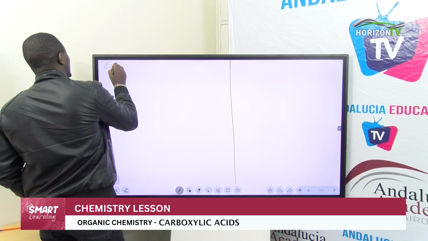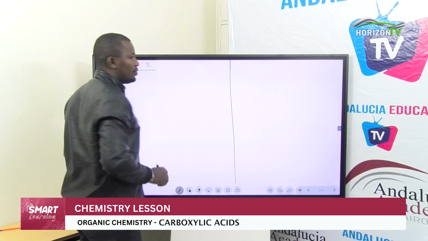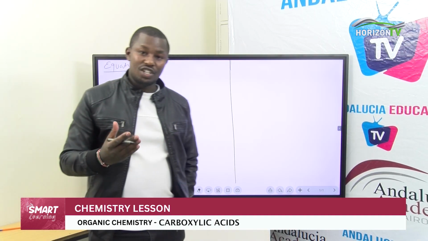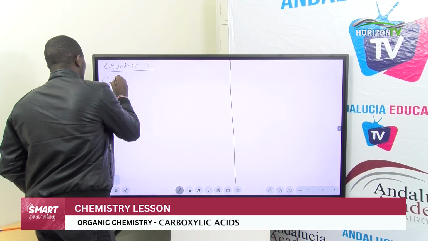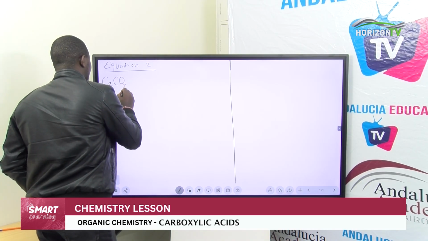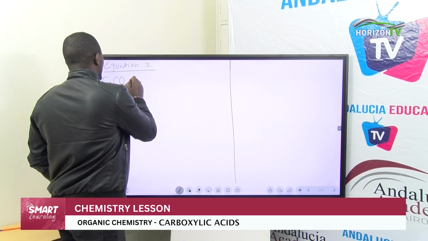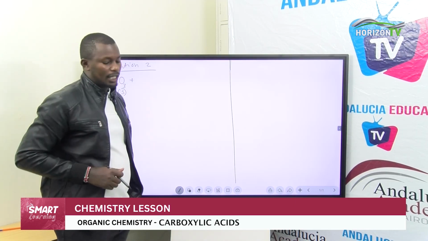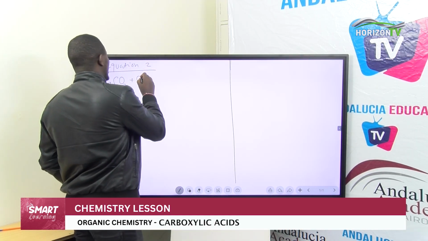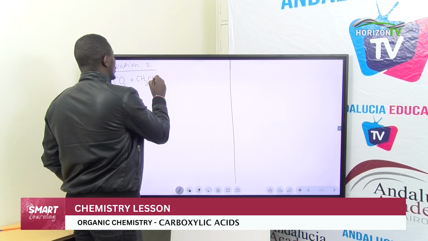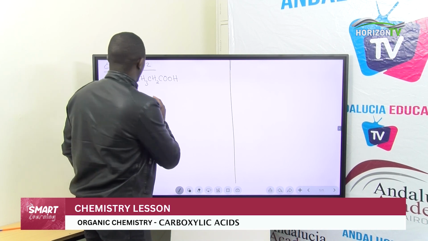Equation 2. I can give you any metal carbonate, like calcium carbonate. The formula is CaCO3, and that's a solid. If I react the calcium carbonate with any acid, maybe propanoic acid, CH3CH2COOH, this is propanoic acid.